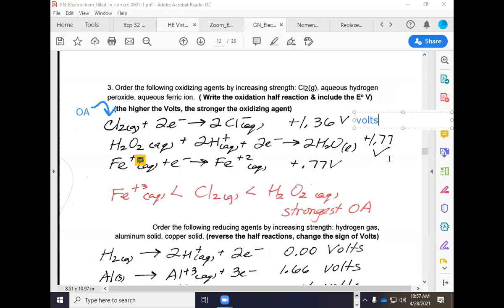So these are all volts. Looks kind of a little funky. And once we get the volts, we just look at those. And that's how we can put these in order.